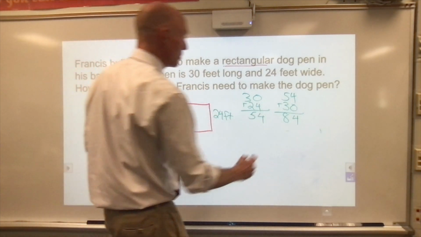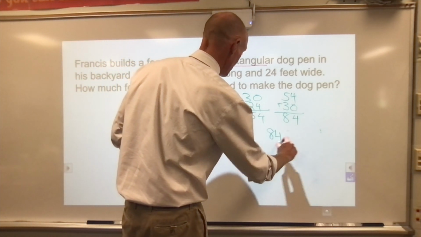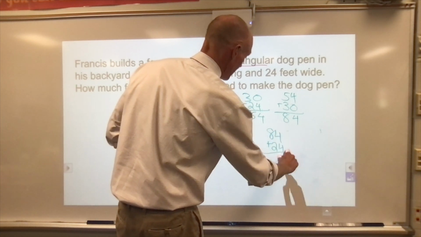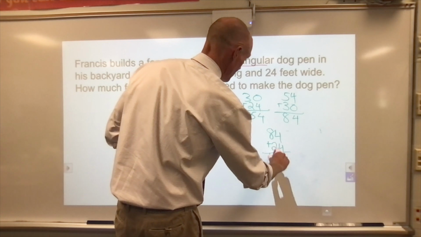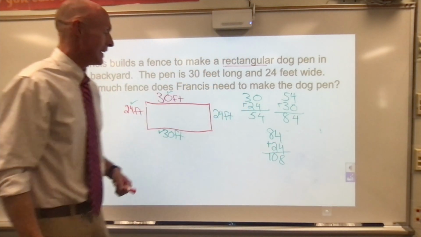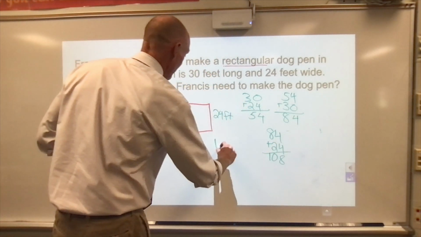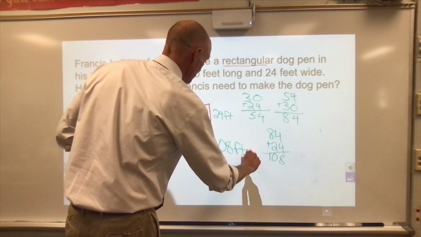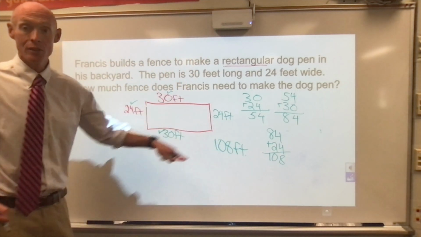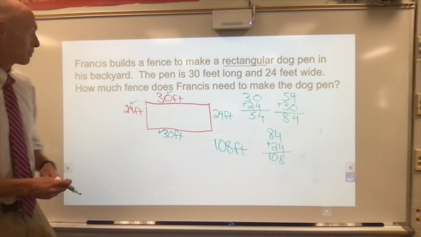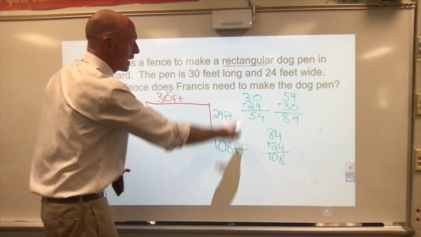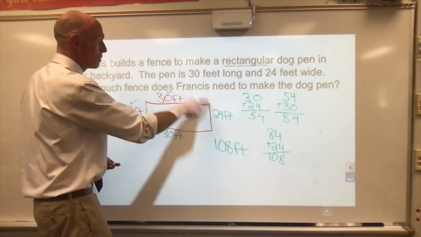One more to add up. 84 plus 24, 8. So he needs 108 feet of fence to make your rectangular dog pen. All we did was figure out the side lengths, add them up, got yourself the perimeter.